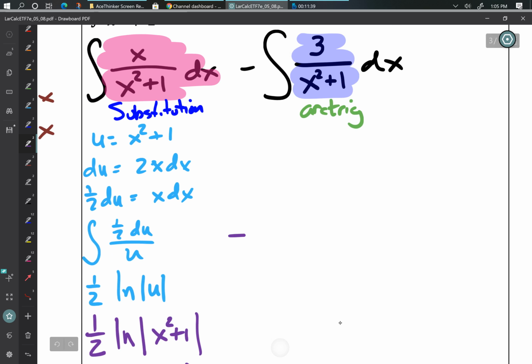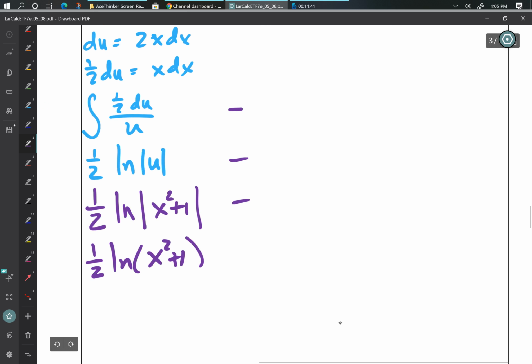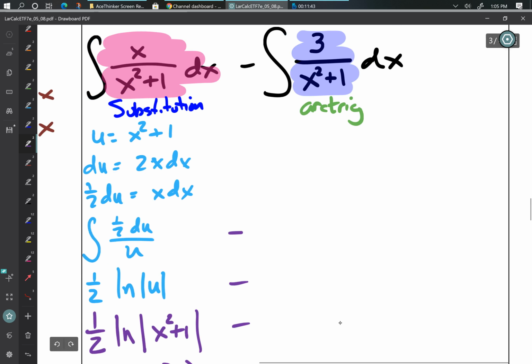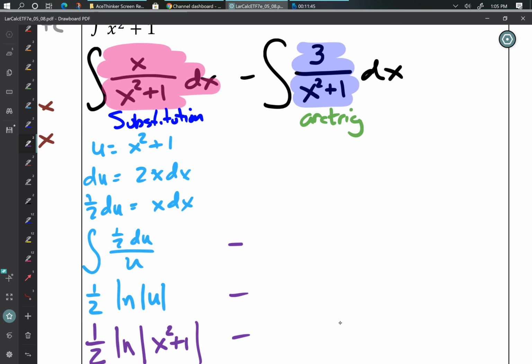Now that's only the first one. I still have to do minus, so I'm only working on the left part of this. Over here I said this is going to be arc-trig, okay? Because we are going to make the argument that x squared plus 1 is the u squared plus a squared. So u is equal to x, differential du then is dx. We're saying that a is equal to 1.